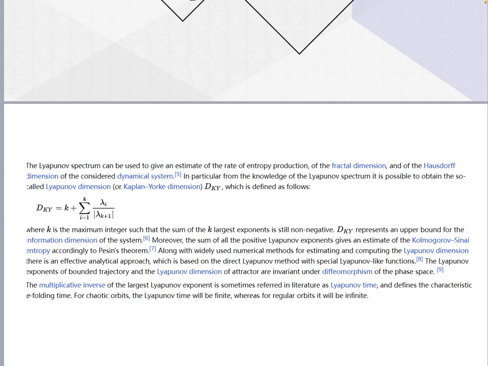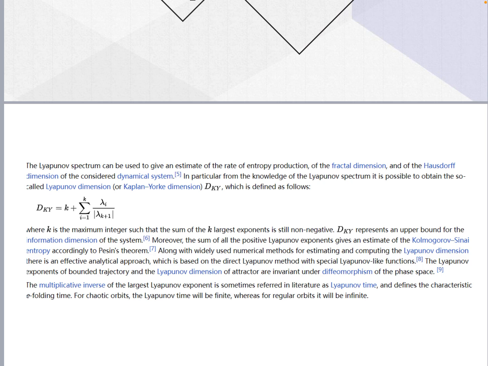In particular, from the knowledge of the Lyapunov spectrum it is possible to obtain the so-called Lyapunov dimension, which is defined as follows.